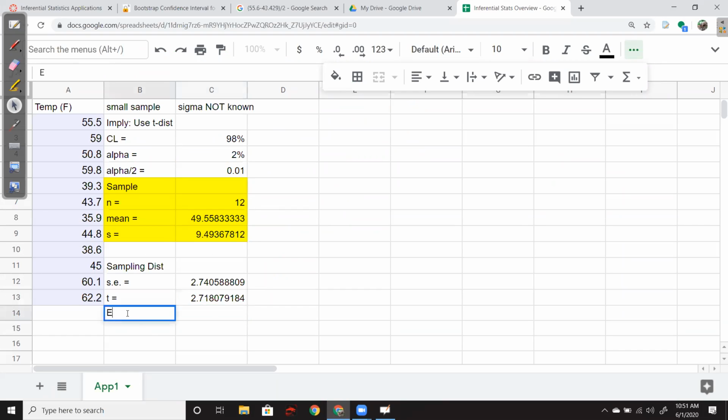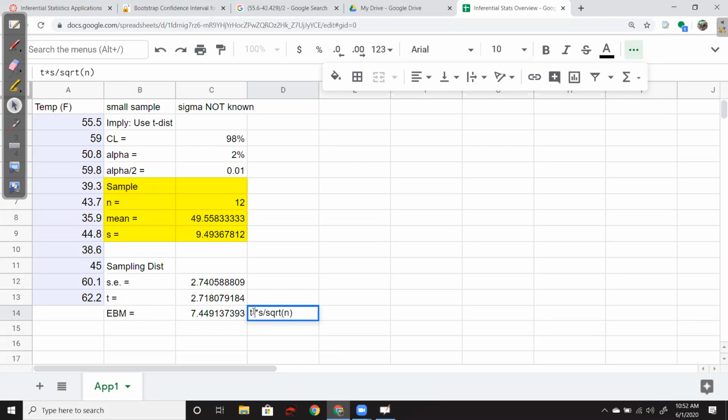So then the error bound on the mean, in this case, is equal to the t-score times the standard error. Altogether, that number right there is the t-score times the sample standard deviation divided by the SQRT of the sample size.